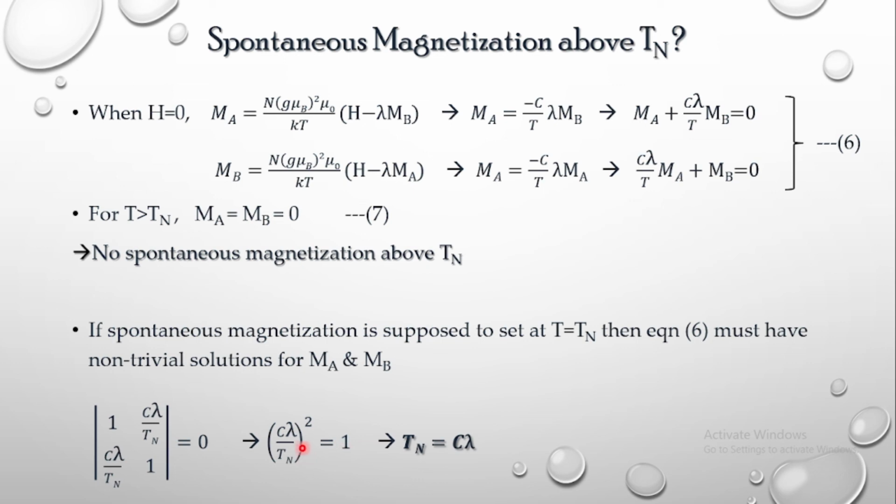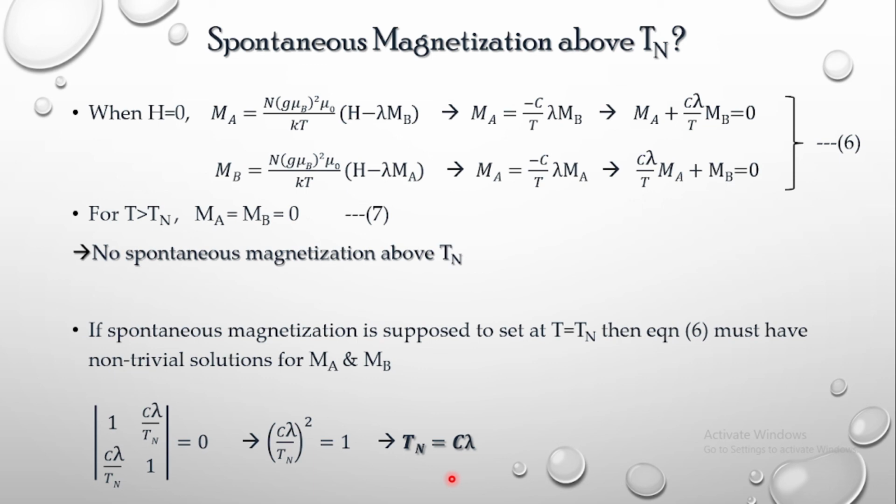And when we solve it, the square root of 1 is again 1 itself. So C lambda will be equal to Tn. That's why we had considered in the previous slide that C lambda equals Tn itself, and now theoretically it is also confirmed. When you compare it with the ferromagnetic material, the Néel temperature looks the same as the paramagnetic Curie temperature Tc.